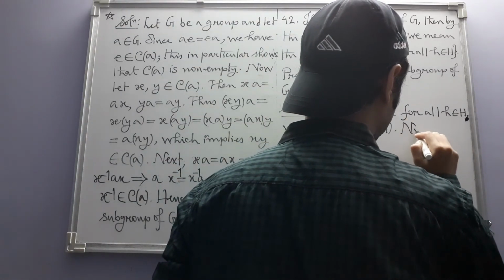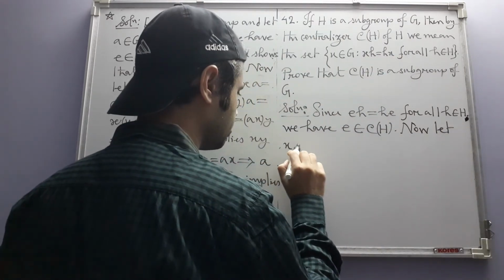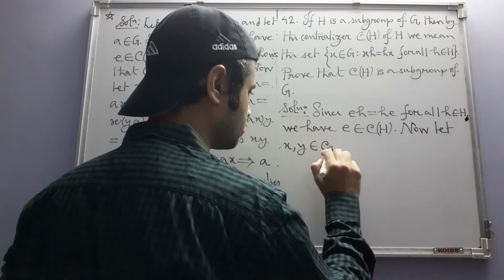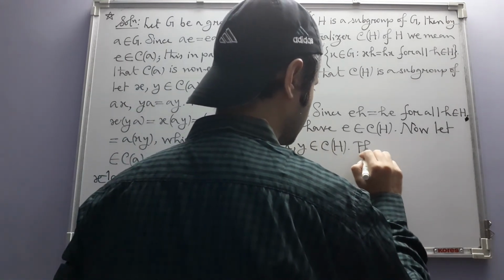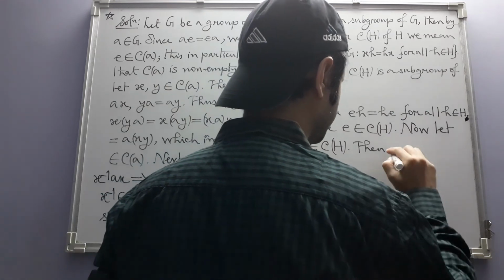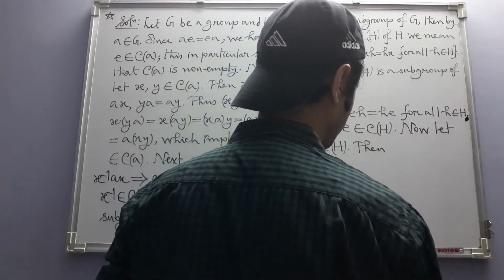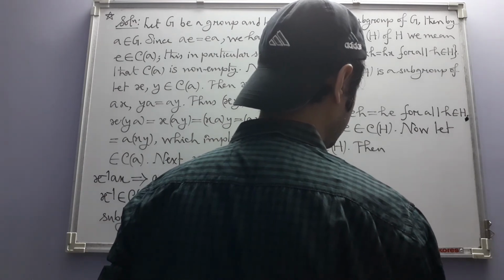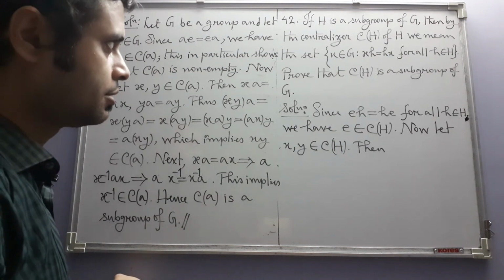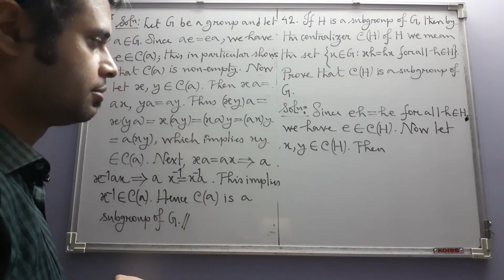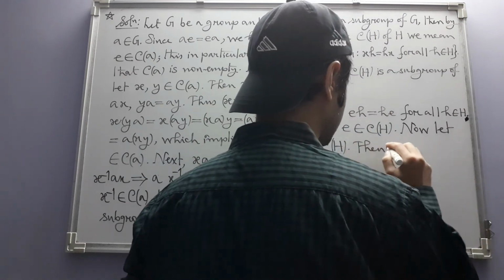That thing is understood. We are not going to write that again and again. Now, let X and Y be two elements in C(H). Then, actually we could have solved this slightly differently, but anyway, let's just proceed with what we have now.